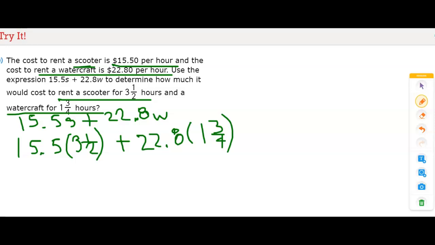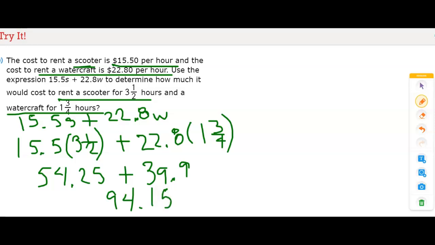15 5/10 times 3.5 is 54 25/100, plus 22 and 8/10 times 1 3/4 is going to be 39 and 9/10, and then we add those two together and we get 94 and 15/100.